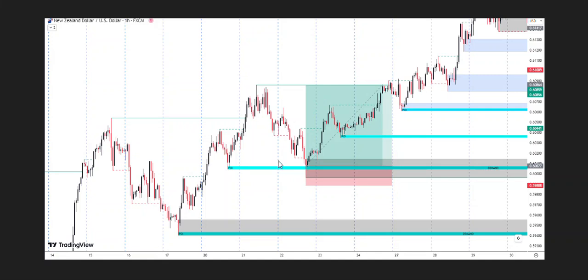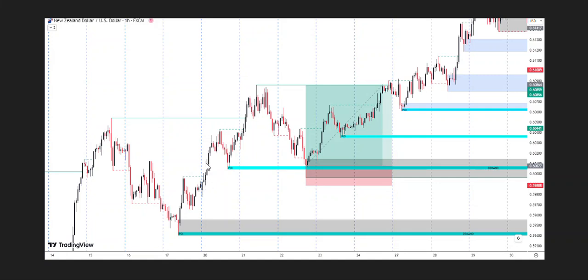So as price gets here, this is the 1 hour time frame, you can actually switch to a lower time frame to look for another entry. Right now, I'm not going to put my stop loss here. I will look at the next liquidity level or a low where I can put my stop loss.